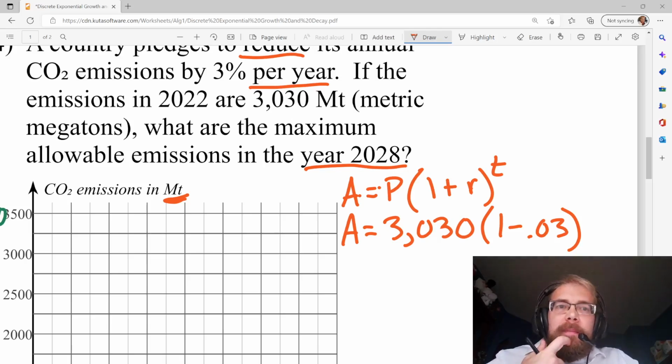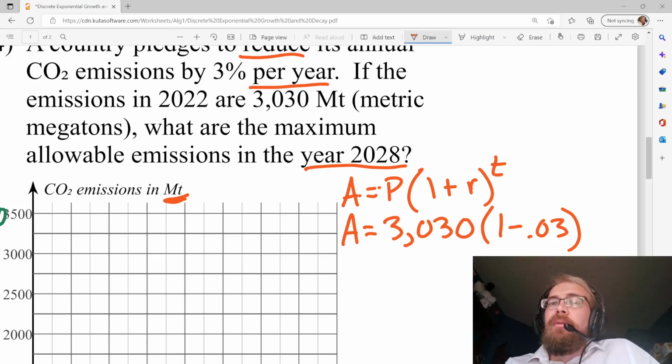So if the emissions in 2022 are 3,030, then in 2023 there's been 1 year that's passed, right? 2023 minus 2022 is 1, so 1 year has passed.